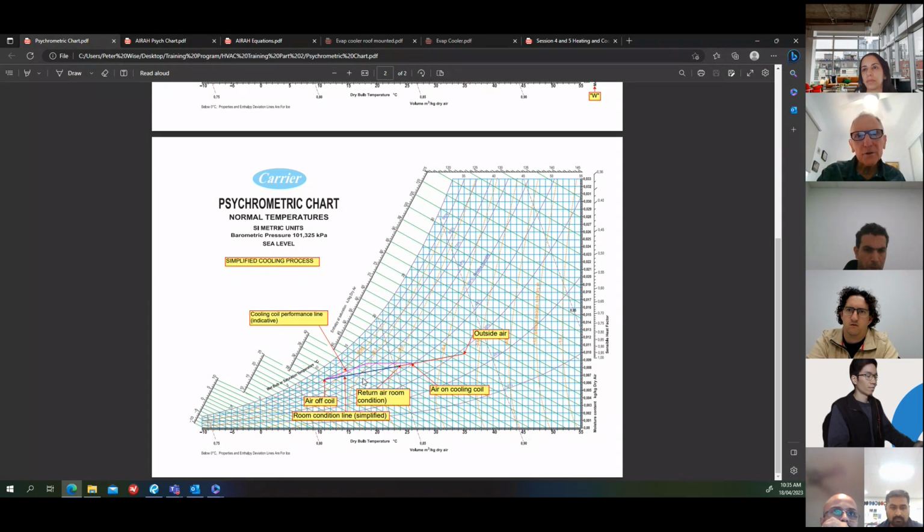And that passes through the room condition. So that line then determines where it cuts the saturation curve. I mentioned apparatus dew point, and the apparatus dew point is what determines the slope of that line as well. That's basically what I've just said, drawing the line from the sensible heat factor through the pivot point.